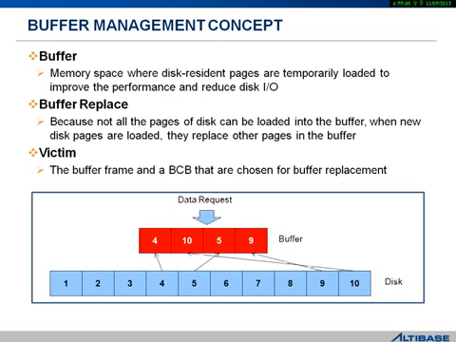To solve this issue, many disk databases put some of this data into a memory area, and this memory area is called the buffer or the buffer pool. Because not all of this data is cached into the buffer, some data might not be in the buffer when the user requests particular data.